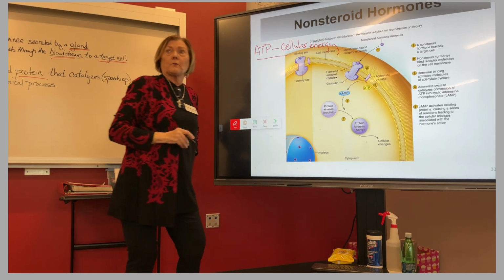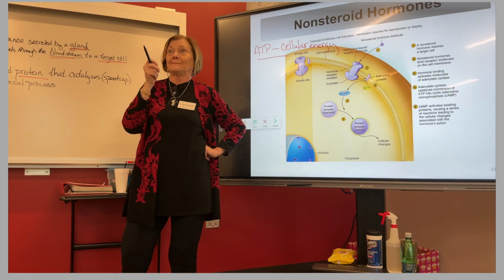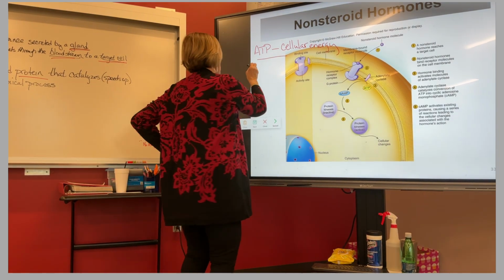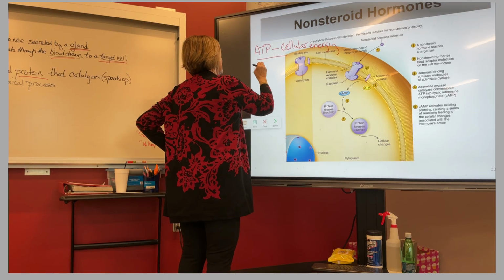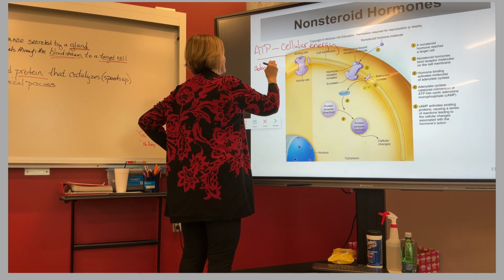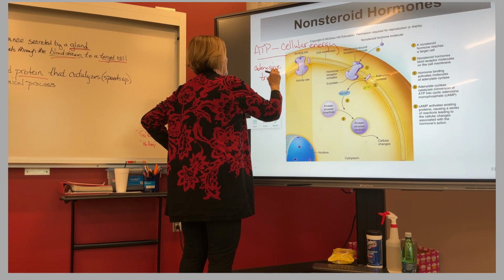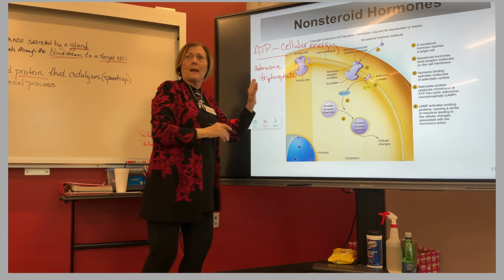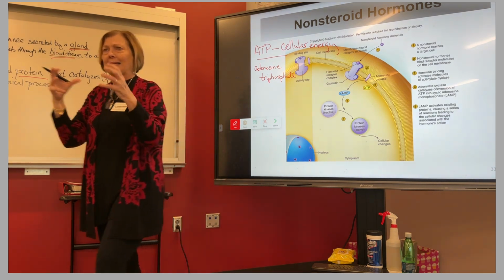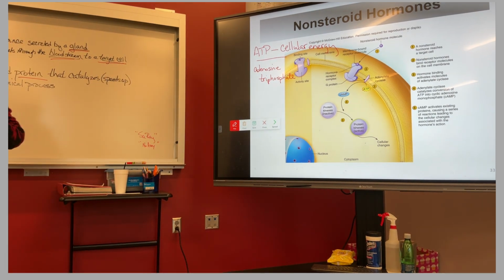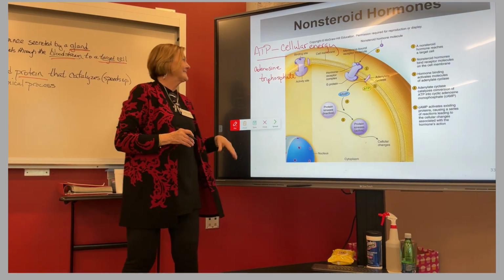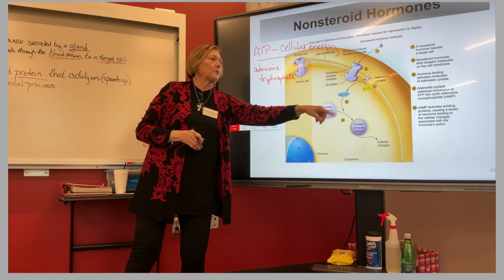Can anybody give me the grown-up name? Adenosine triphosphate. Perfect, excellent. You won't ever have to tell me that, but I need for you to see it so you know the bonus.